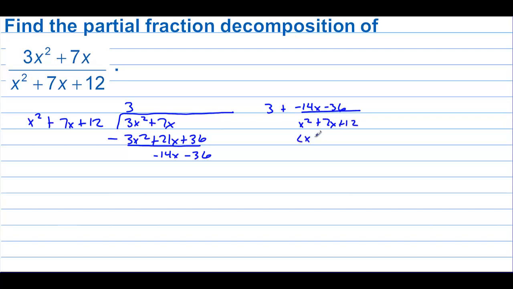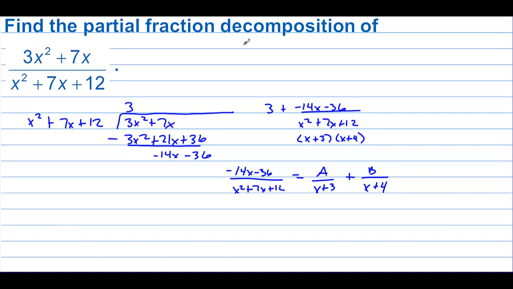Let's factor the denominator. We have (x plus 3)(x plus 4). And we should be able to write (negative 14x minus 36) over (x squared plus 7x plus 12) as A over (x plus 3) plus B over (x plus 4).